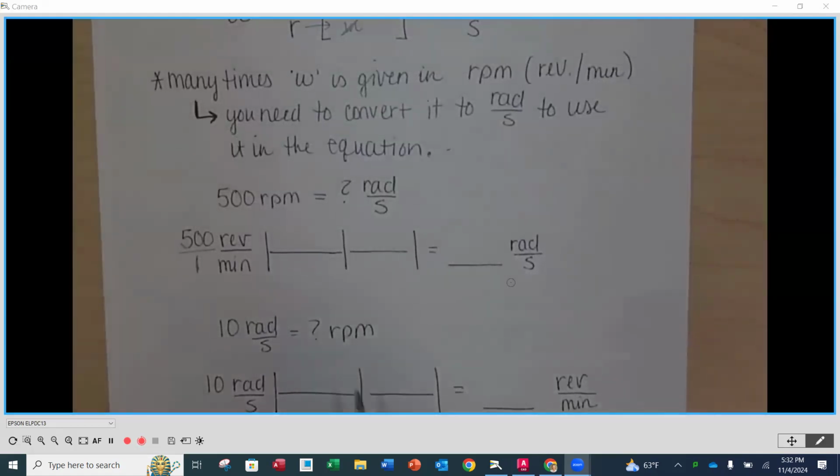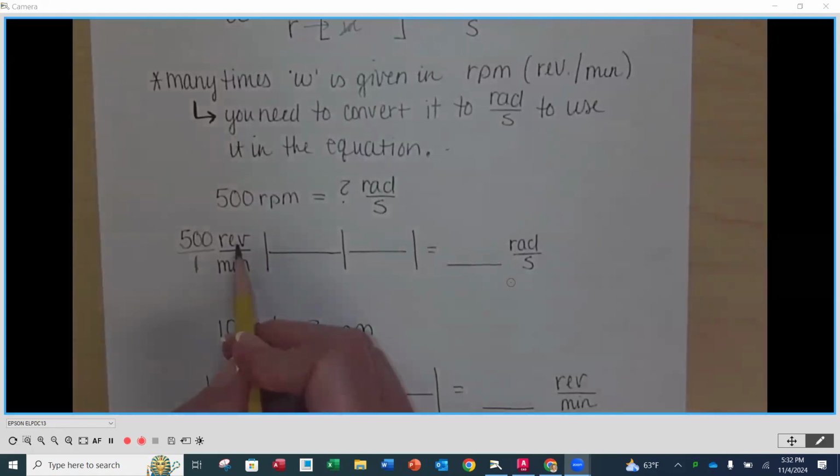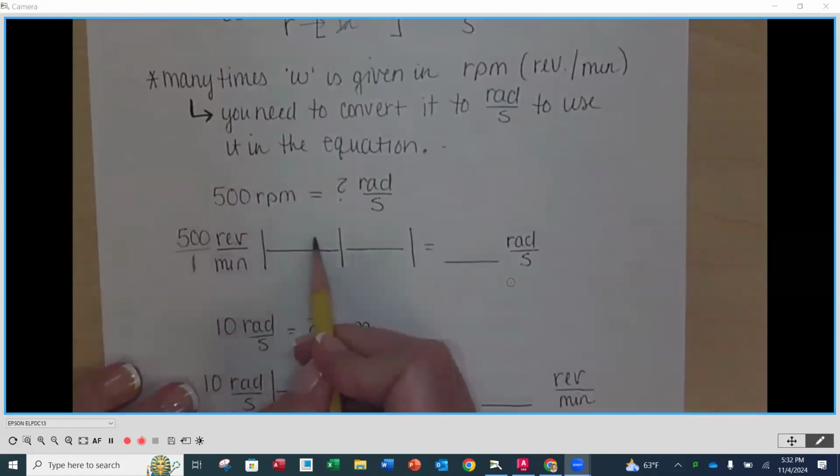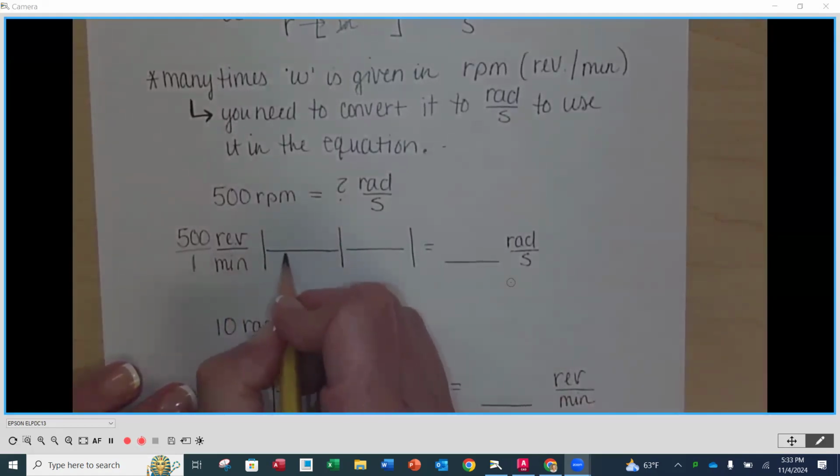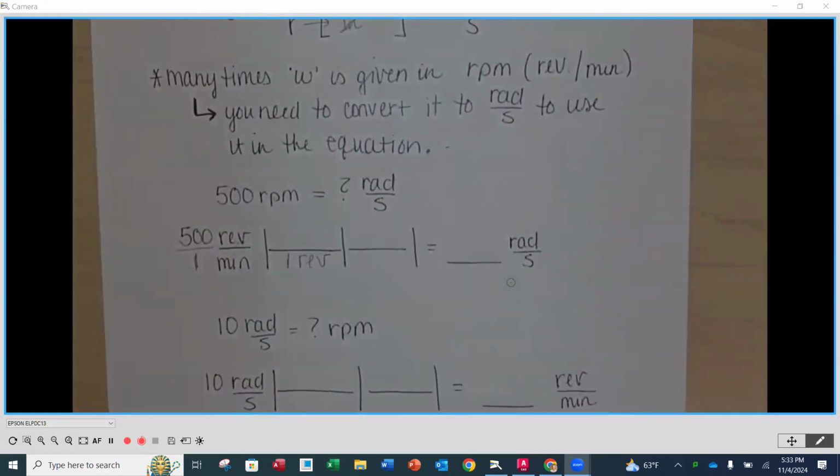Okay. So I'm going to start by converting my revolutions first to radians. Now I'm going to be multiplying across the top here and dividing by the bottom. Because I want revolutions to cancel out, one revolution is going to go into the denominator in our first ratio.